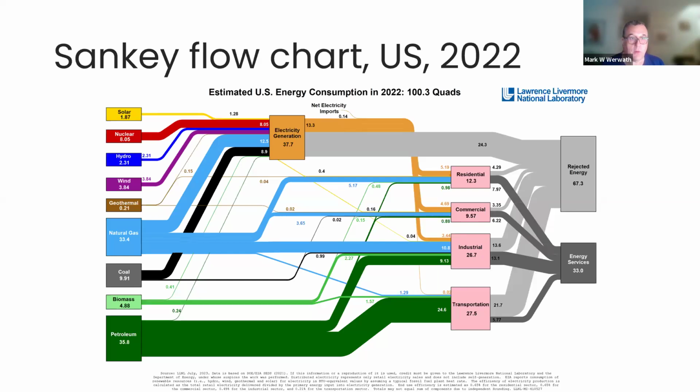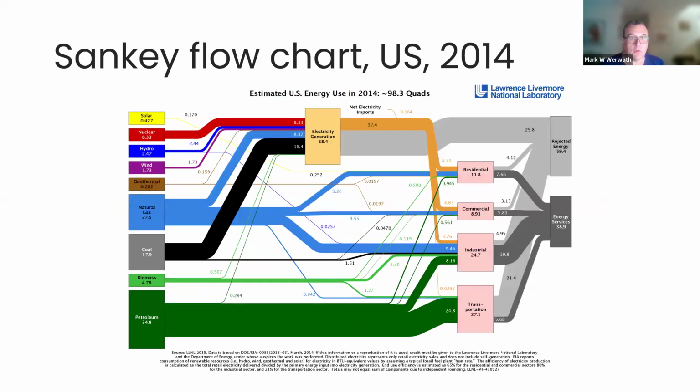We will be able to compare that to 2014, where very little solar and wind. So both of those were quite small. Nuclear was still pretty strong at about 8.3, and natural gas was also pretty strong.